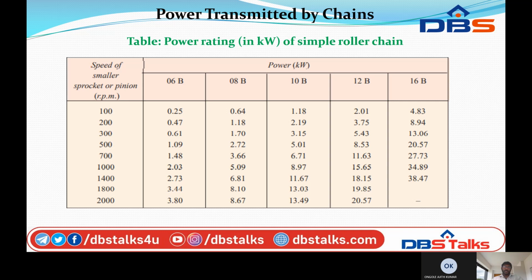So at 100 RPM, the power is 0.25, 0.64, 1.18, 2.01, 4.83. Similarly at 2000, the power is 3.80, 8.67, 13.49, 20.57. So this speed of the pinion and power is used in the problems.